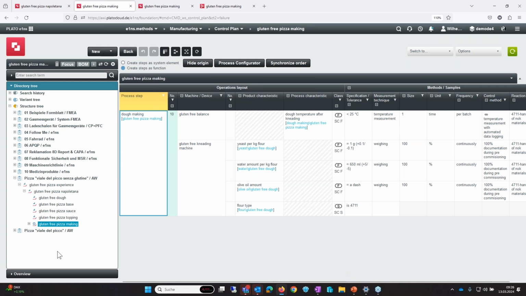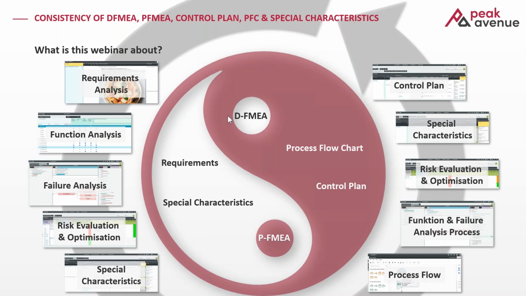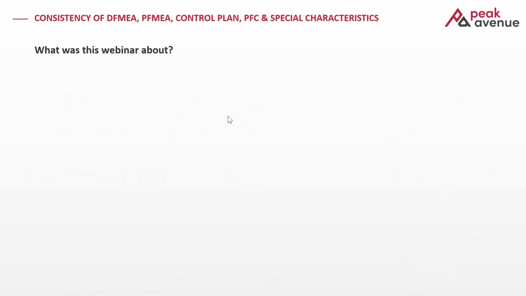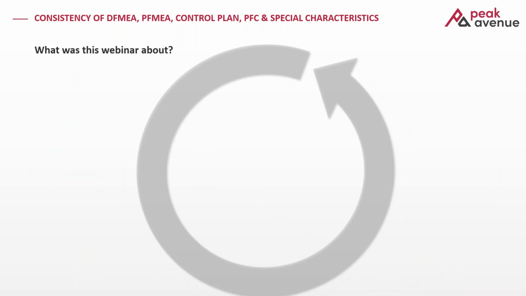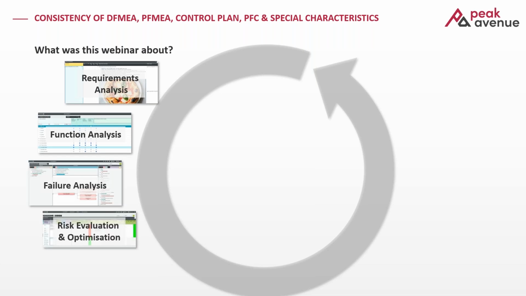So let me go back to my presentation. I showed you what this webinar is about, and let's have a quick review. It was about this circle, and you saw me entering a new requirement into my pizza project, doing function analysis, going over to the failure analysis, doing the risk evaluation and optimization in my design FMEA, and discussing special characteristics.